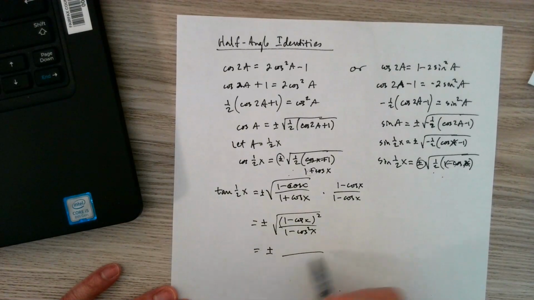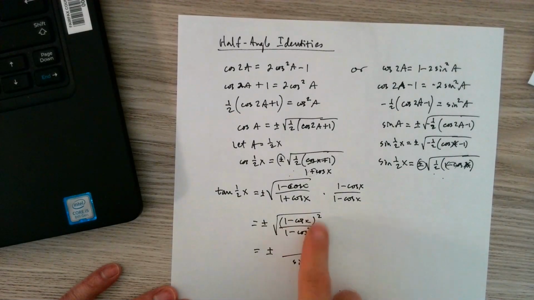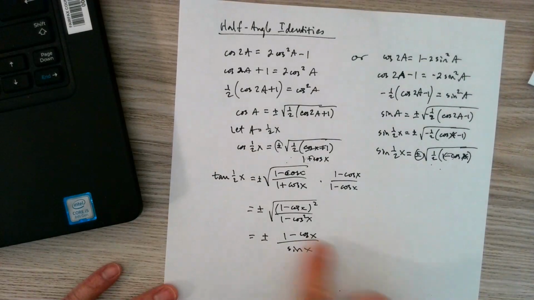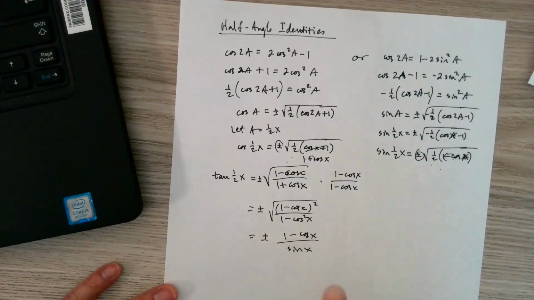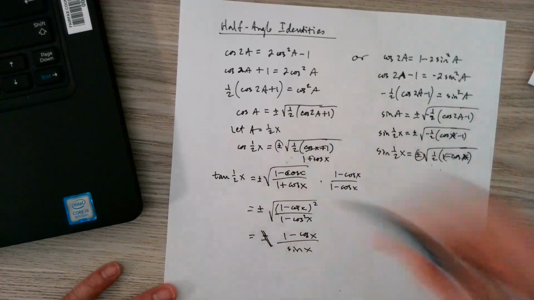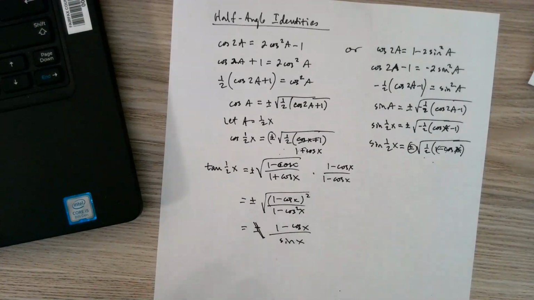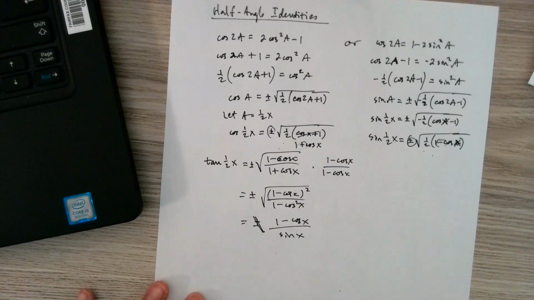So the radical's gone on the bottom, and the top, that's obviously just 1 minus cosine x. So it becomes this. However, there's no more plus or minus here. And I'll save the explanation of why that is for later.